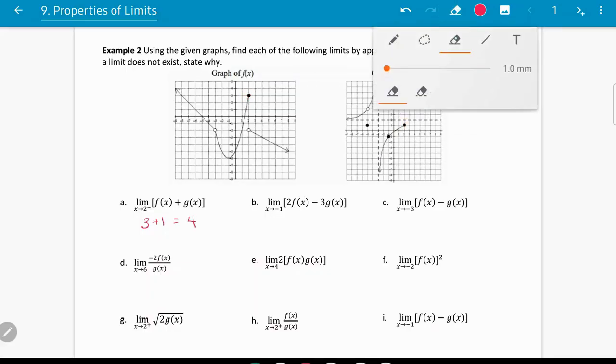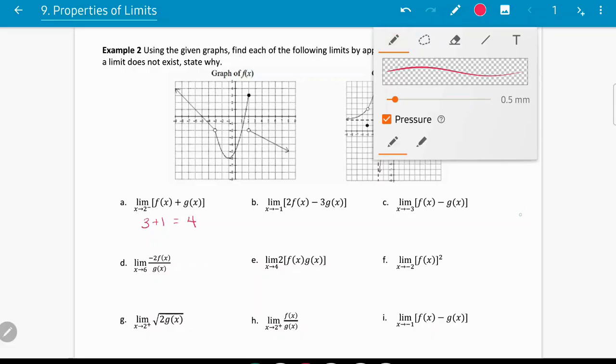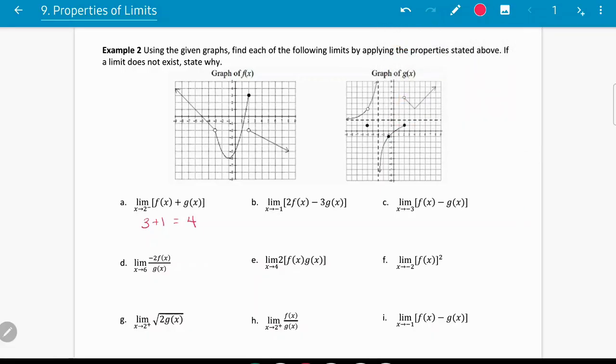Looking at B, we have the limit as x is approaching -1 of 2 times f of x minus 3 times g of x. So that's going to be 2 times -6, minus 3 times, as we're approaching -1, -1. And so we have -12 plus 3, and that gives us -9.